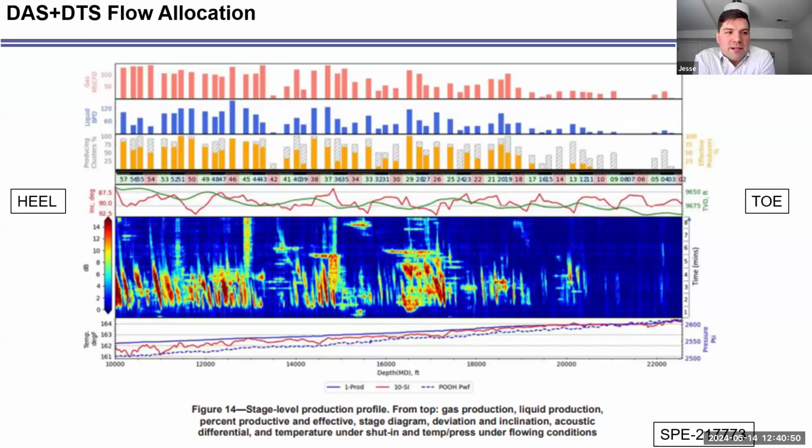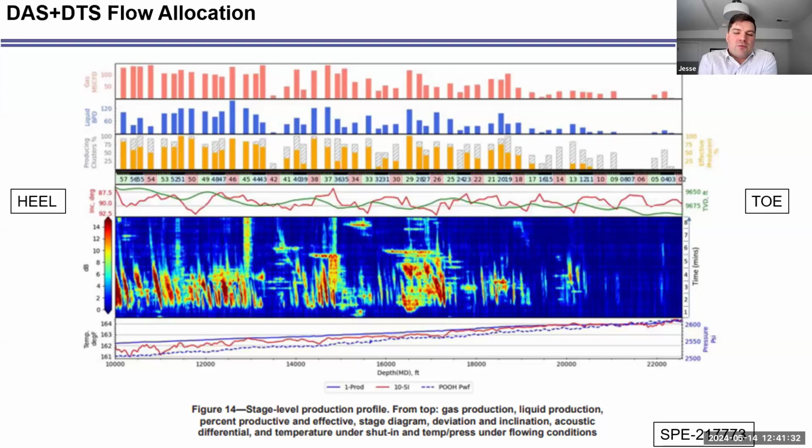So if you keep that in mind, look at this DAS DTS flow allocator. The green field here is on the right. So you can see there's not a lot of production happening in the green field area, but it's also near the toe. And so for us doing these depletion analyses in different basins, all over the United States and up in Canada, we've seen this trend quite often, that there is a maybe much larger heel bias to the production than people might have realized when they drilled the wells.